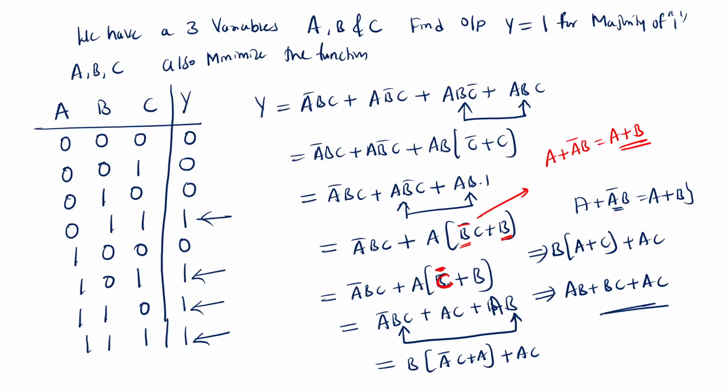One more problem is there. Suppose dual means, I told you, you are converting OR to AND and AND to OR, ones to zeros and zeros to ones. So this same problem I take. Let us take the function F equal to AB plus BC plus AC.